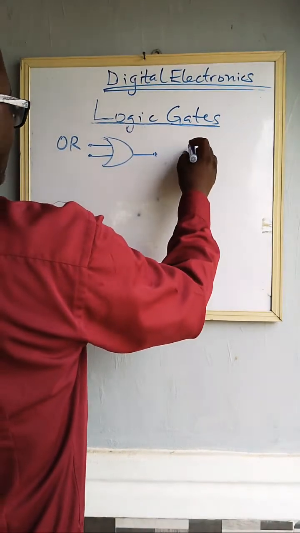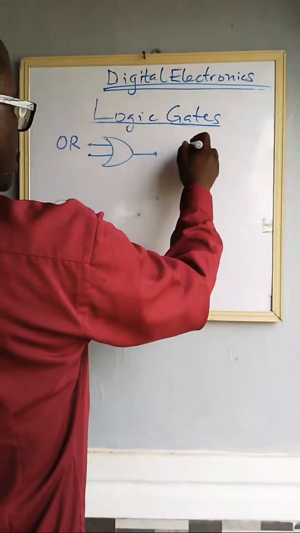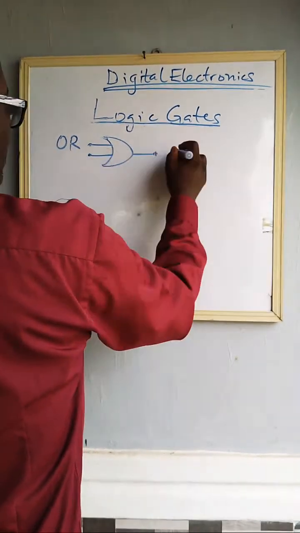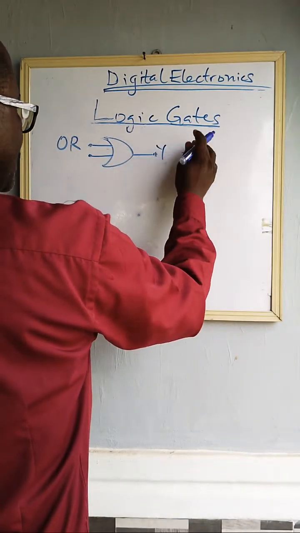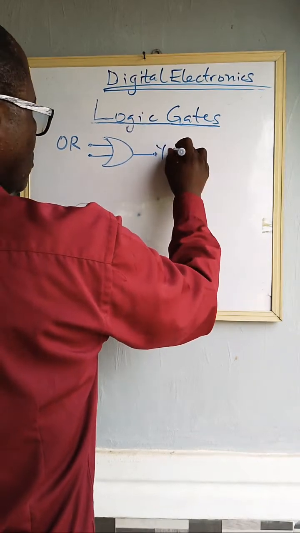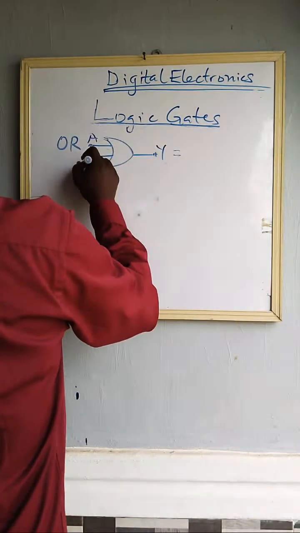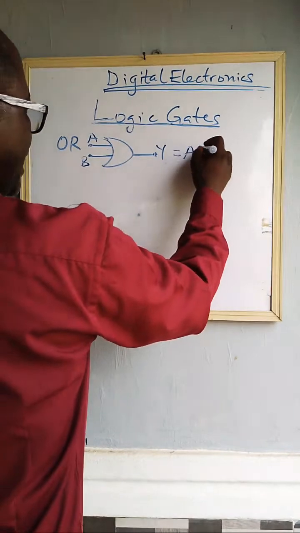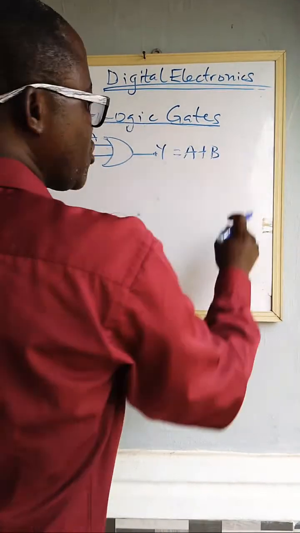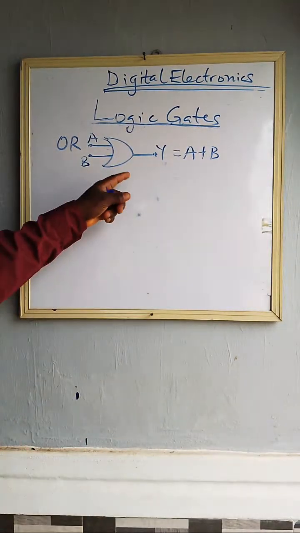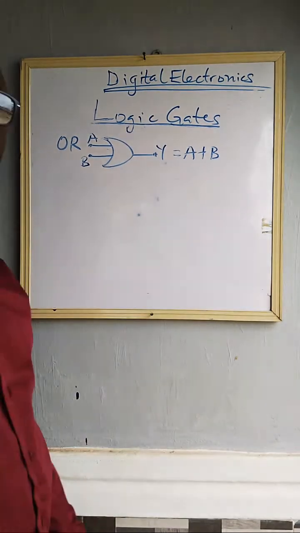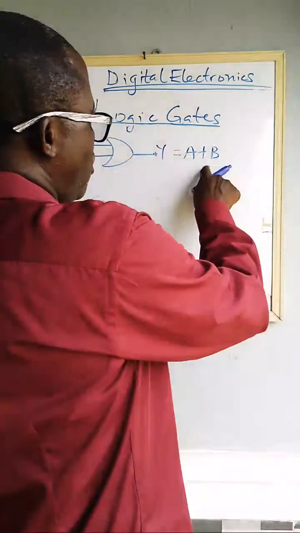And I said the symbol for this function is a plus. So here we can write output Y equals A or B. This is A plus B in mathematics, but in logic, it is A or B because it's a logic function.